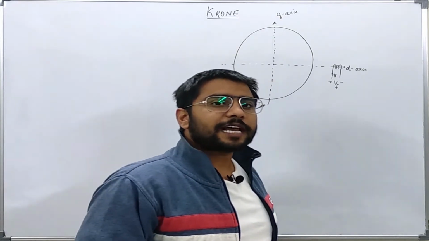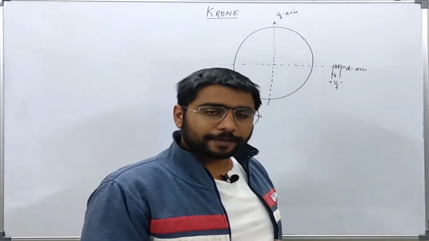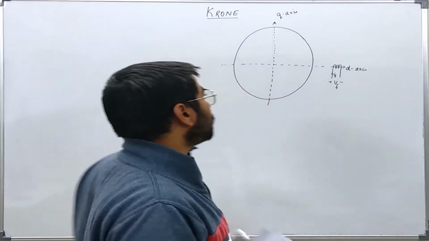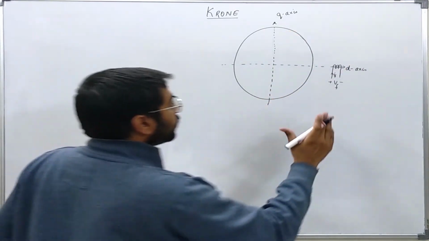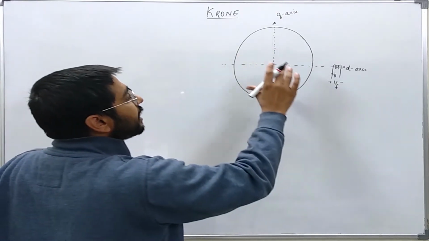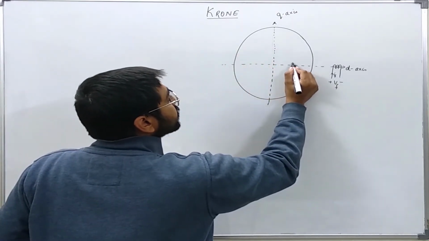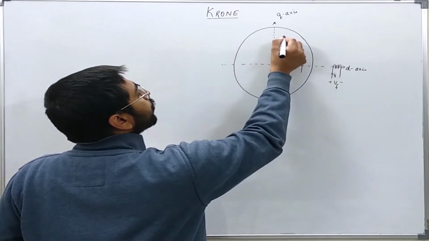So anything which can be explained with a two pole machine can be explained by a multiple pole machine also. So we will show the equivalent armature windings on the d-axis and the q-axis.